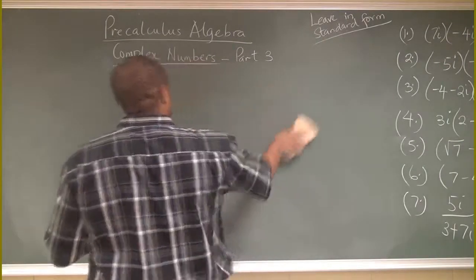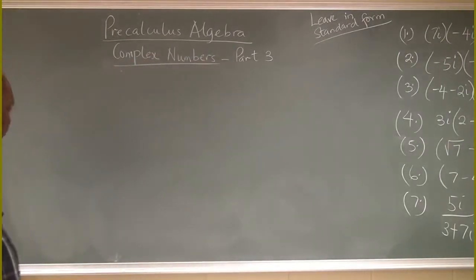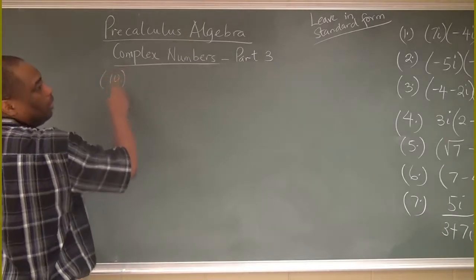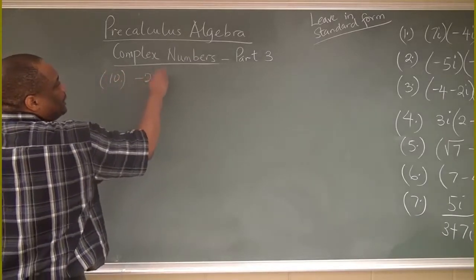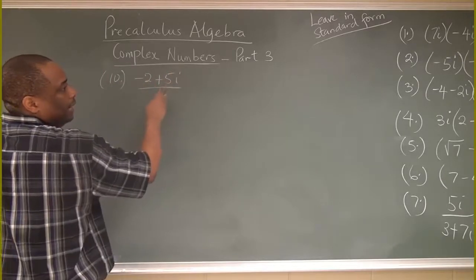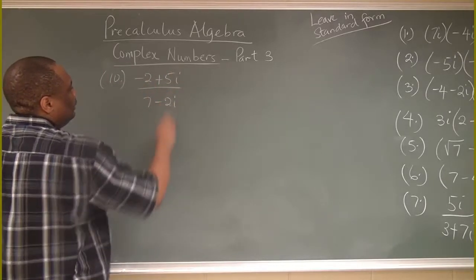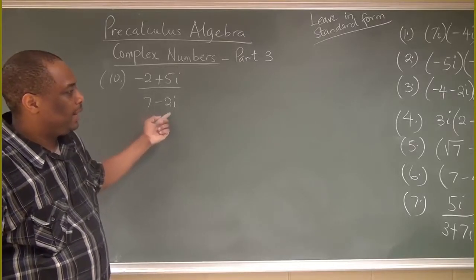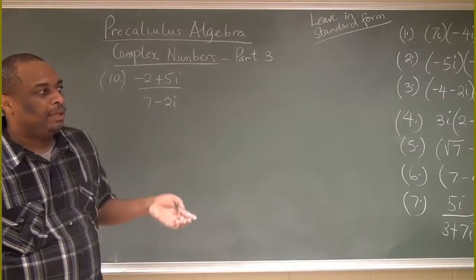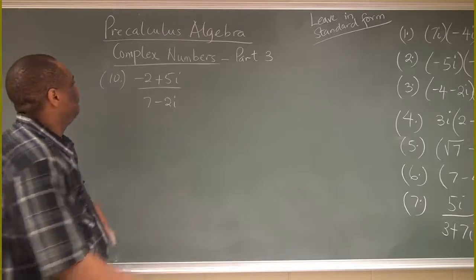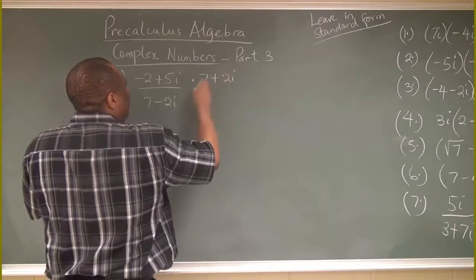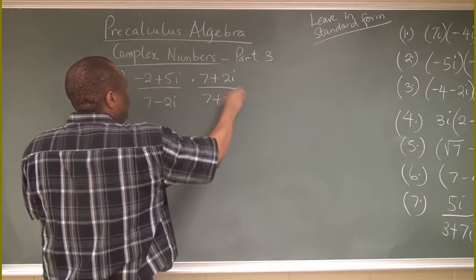Sometimes when you do math, you want to double check to make sure that you got it right. Question 10. We have negative 2 plus 5i over 7 minus 2i. What is the conjugate of 7 minus 2i? That is 7 plus 2i. So we have times 7 plus 2i all over 7 plus 2i.